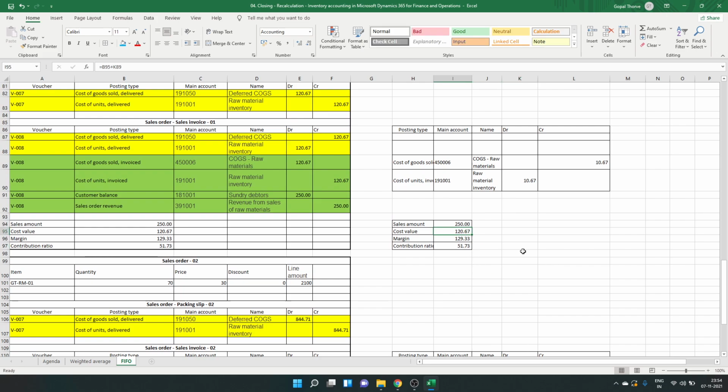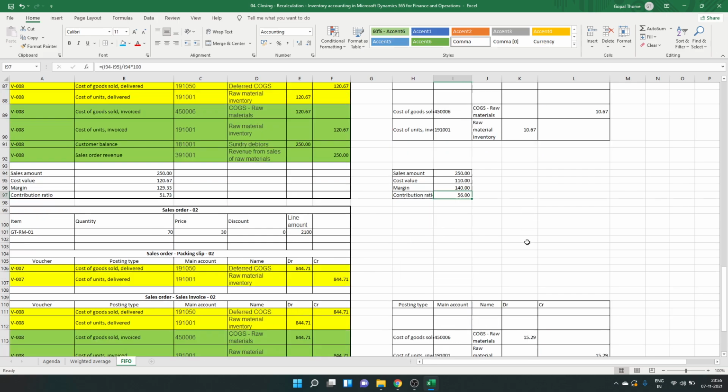Now for this margin calculation, since our COGS is reduced, my cost value is getting reduced, so my contribution ratio is increased. So my profit has increased in this case.